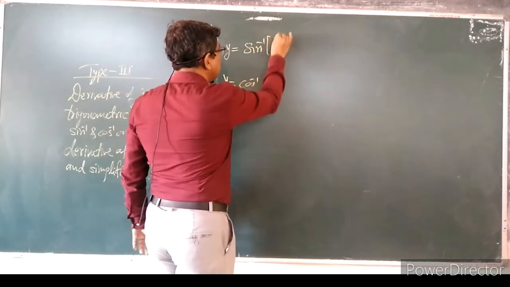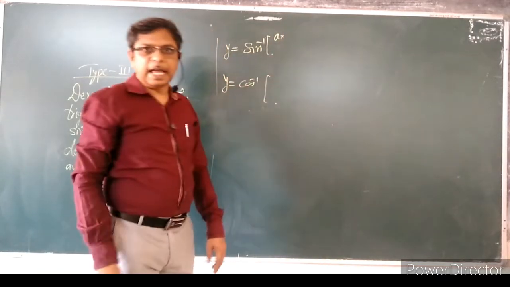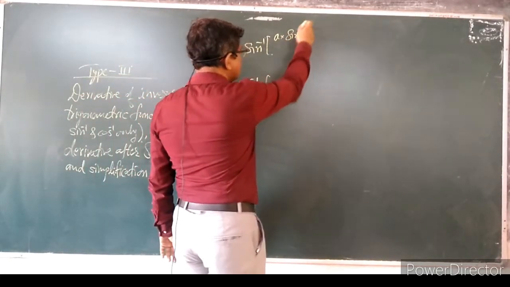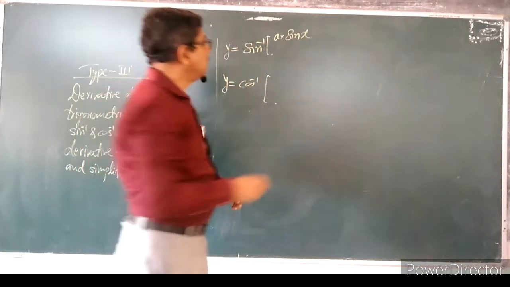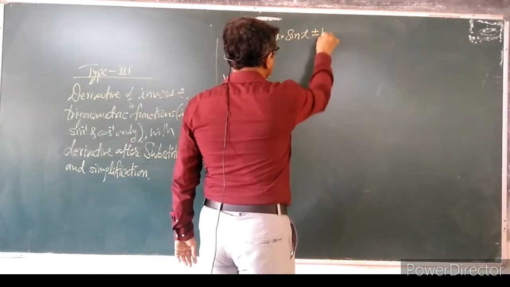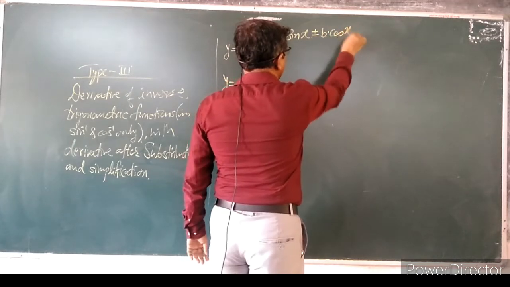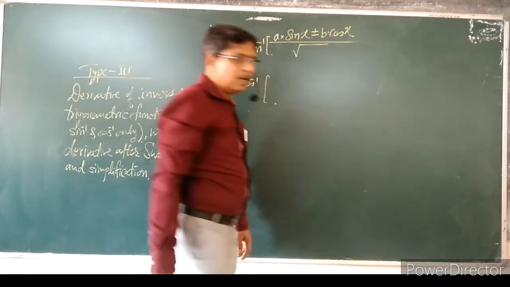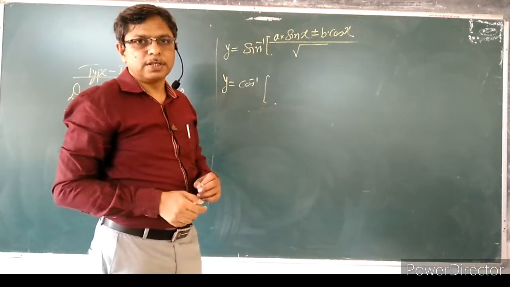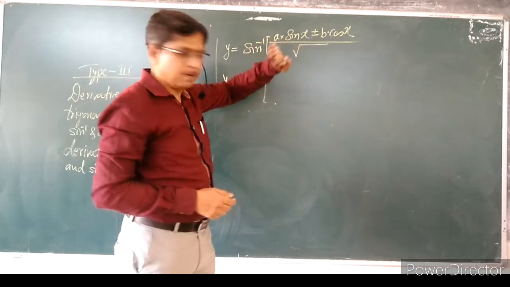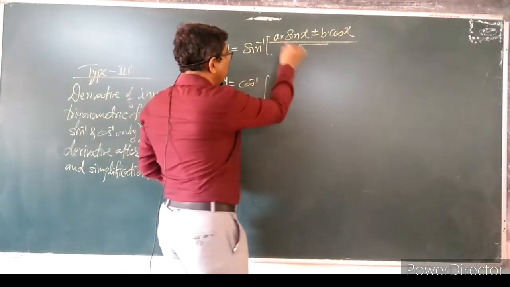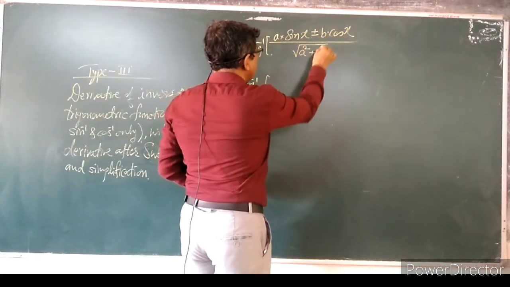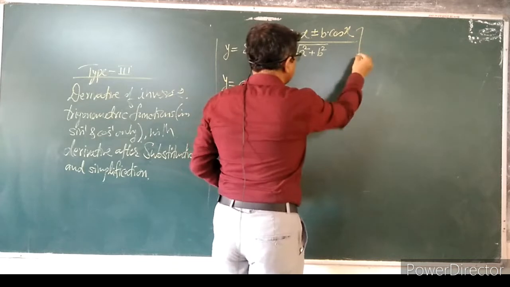You will get a term, a constant a into sine of x or some other function of x, plus or minus b cos of x, or the same function of x, divided by root of, see carefully the denominator, the square root of the square of the first coefficient a square plus the square of the second coefficient b square.